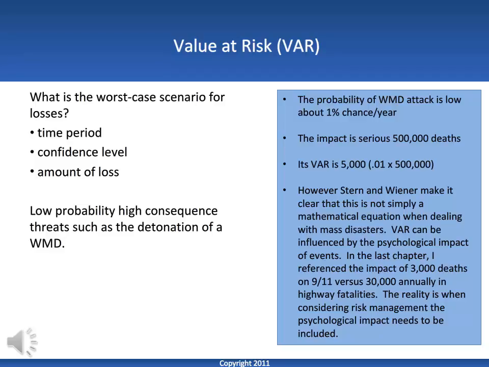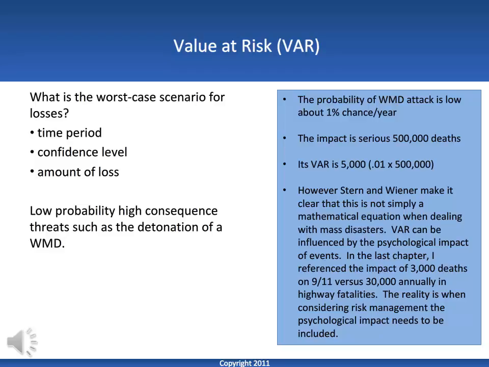I do want to say one thing about the value at risk, and that is that there have been some that say, and rightfully so, in my opinion, that value at risk cannot be simply reduced to a mathematical equation. Certainly the mathematical equation helps, but value at risk can be influenced by the psychological impact of the events. So I referenced in the last chapter the impact of 3,000 deaths in 9/11 versus 30,000 annual highway fatalities.